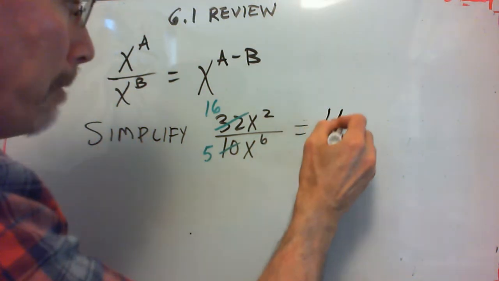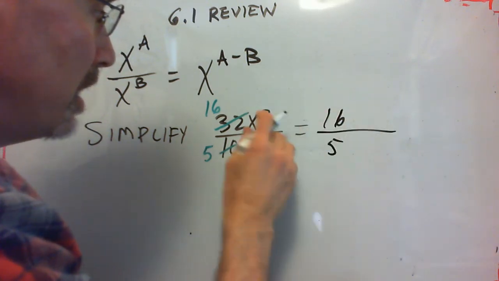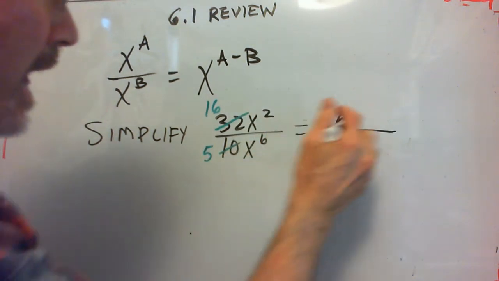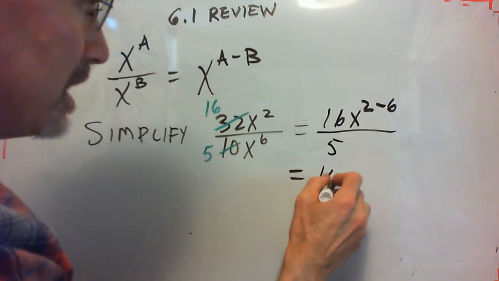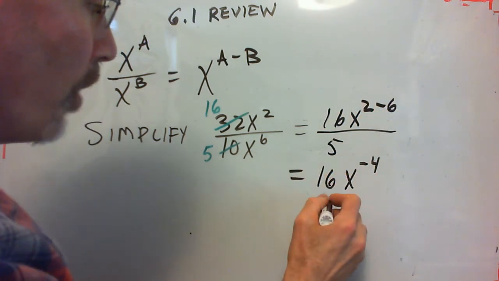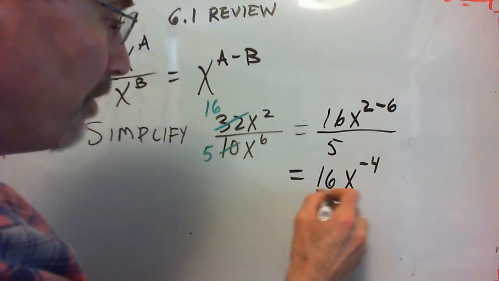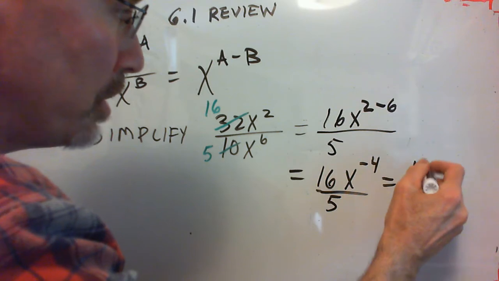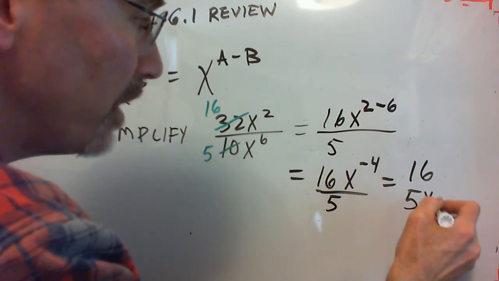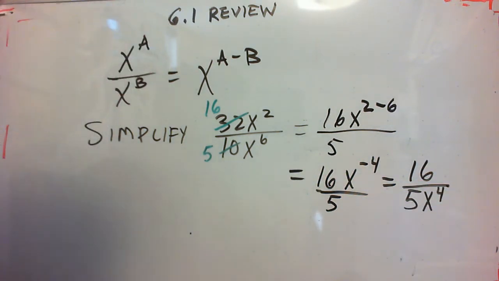Now the x's, we can use the division rule and get x to the 2 minus 6. So that's 16x to the negative 4 over 5. But the negative exponent rule says put that x to the fourth into the denominator. So we get 16 over 5x to the fourth.